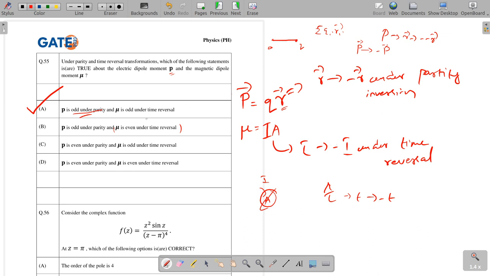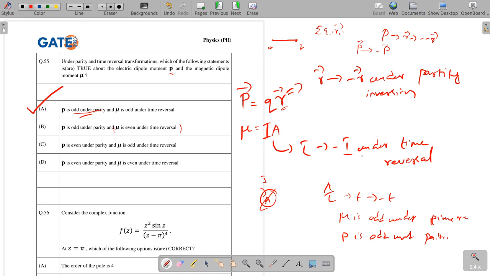So that means mu is odd under time reversal, and P is odd under parity. Now that's the right answer. So you will get option A. Every other option contains other options. So option A is the right answer.